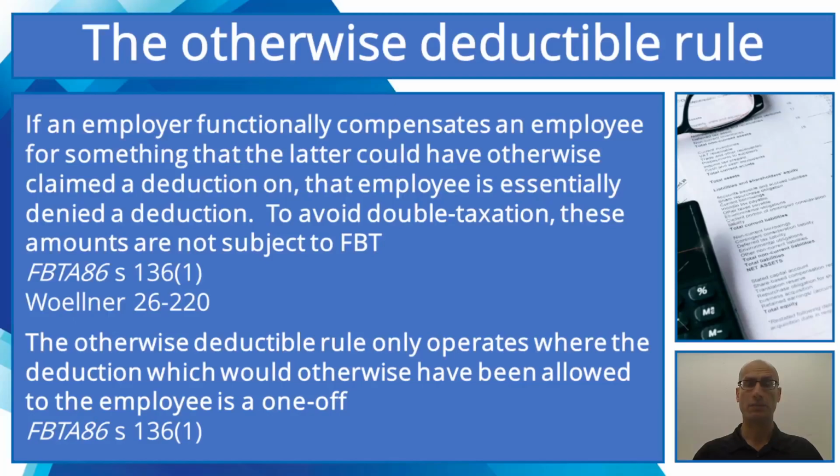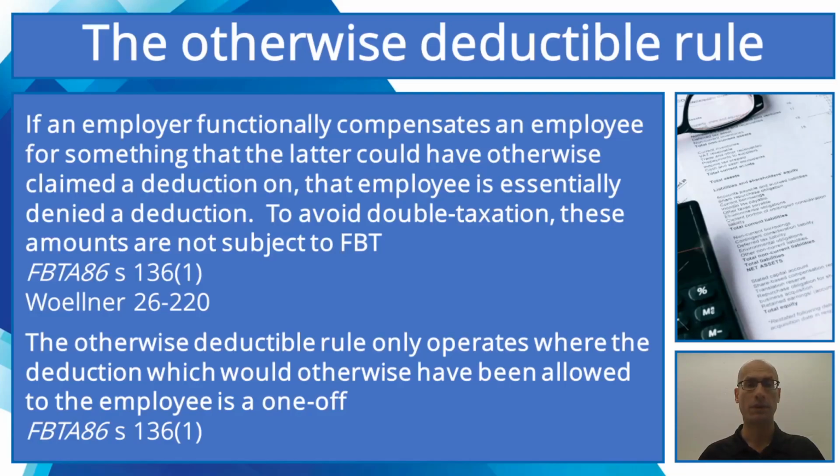The otherwise deductible rule takes a little bit of time to wrap your head around, and it basically goes like this. If you give a benefit to an employee and they would otherwise have been able to spend their own money to obtain that particular benefit and obtained a tax deduction, functionally they're being denied that tax deduction because they aren't allowed to deduct something that they've been essentially compensated for.